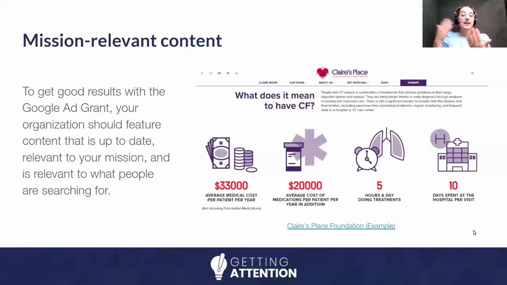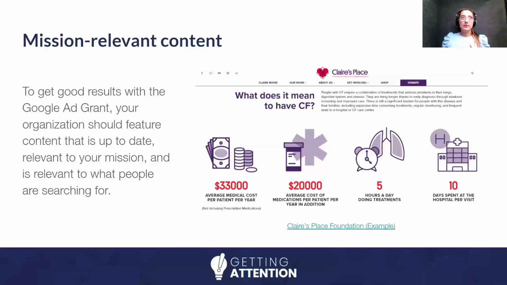So this is an example of what I mean, where not only could somebody answer the question, what is cystic fibrosis? It's a disease. It has problems in their lungs, digestive system, and sinuses, but it also begins to delve into some of these follow-on questions that folks might have, like, how long do people with CF normally have to stay in the hospital? How much does it cost to have CF, et cetera?